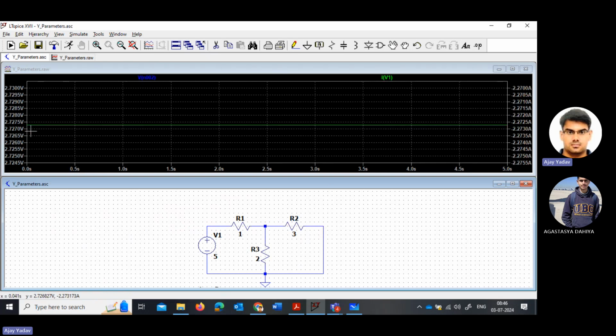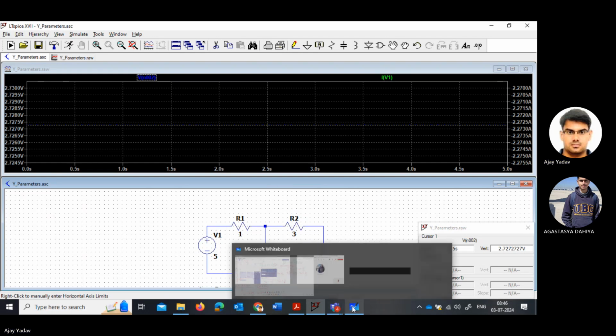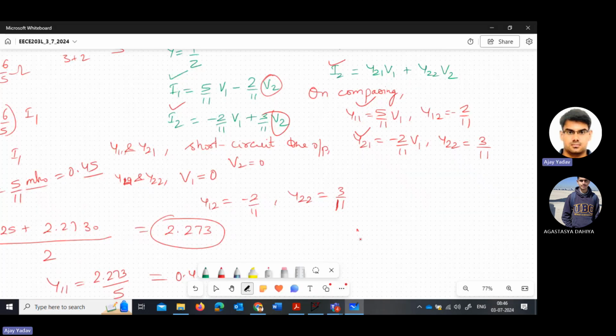So the value of voltage is how much? 2.727. Here I should write V3, because otherwise you will get confused.